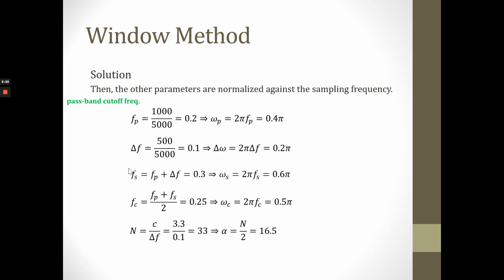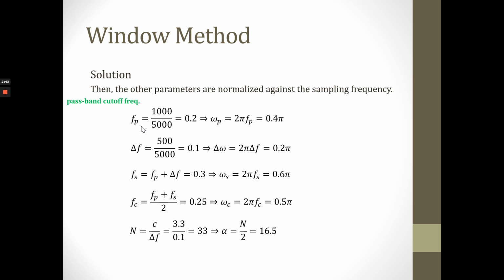Next, we need to calculate the passband cutoff frequencies, where the parameters are normalized against the sampling frequency. This is the sampling frequency given in the question, Fs.